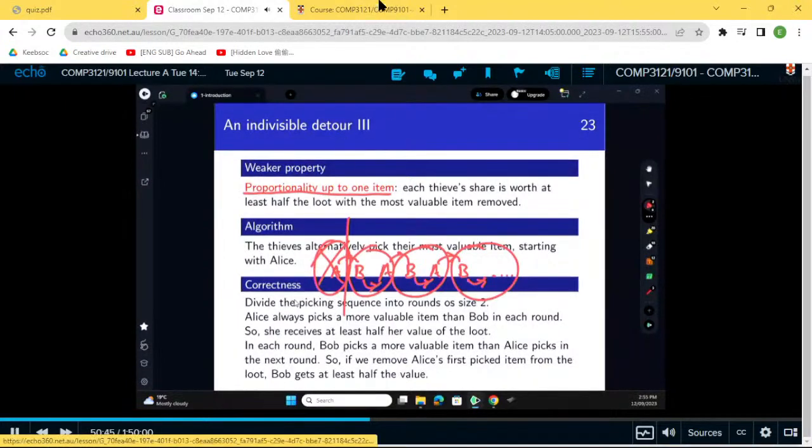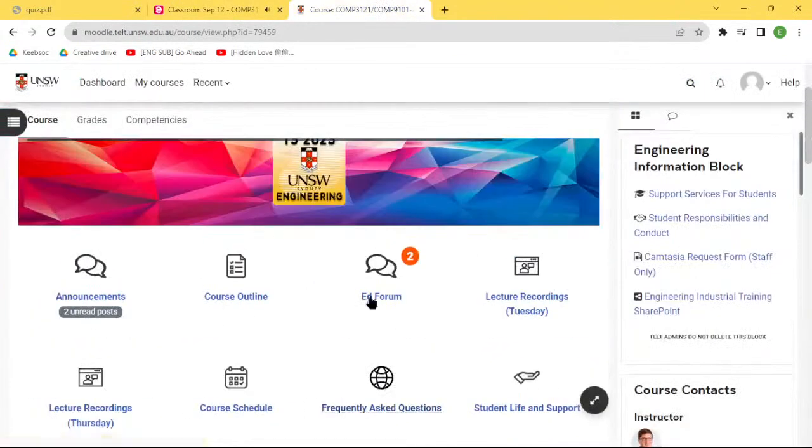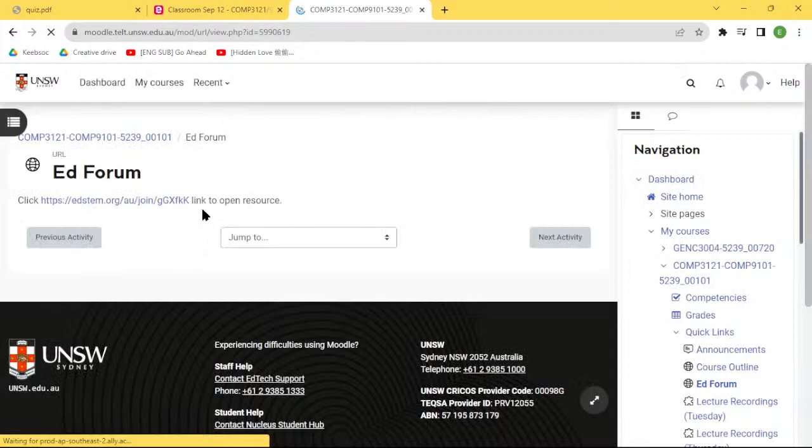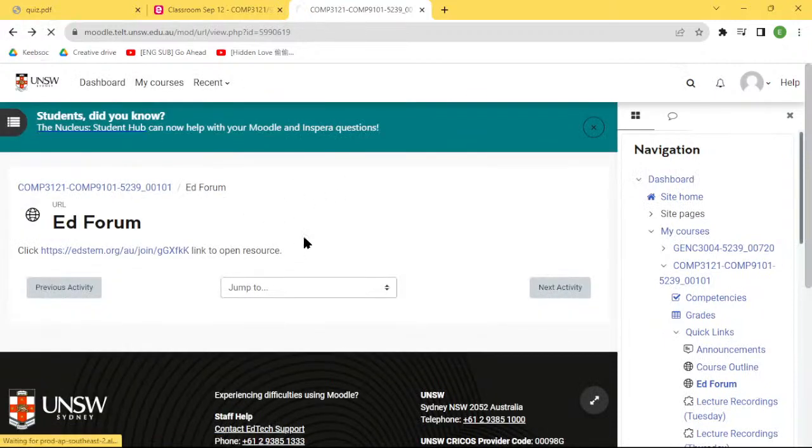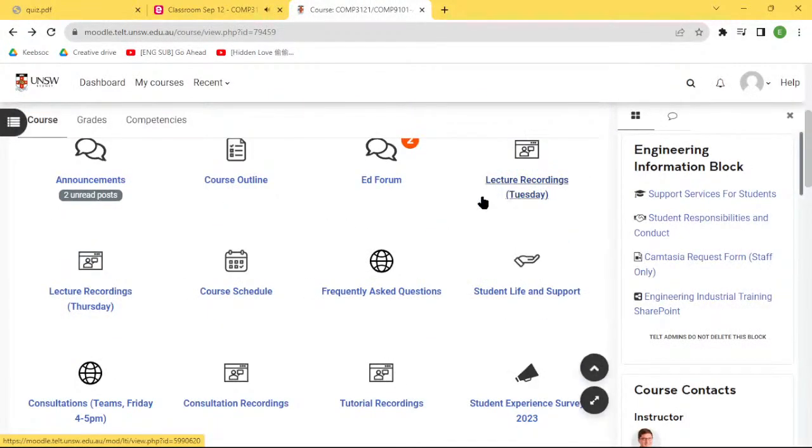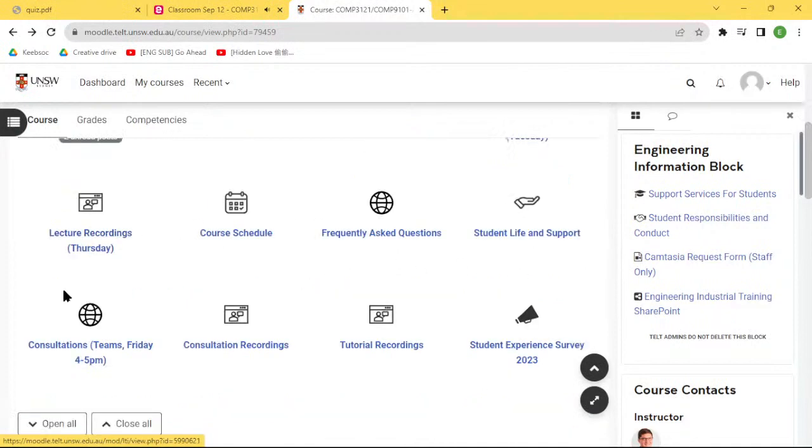Isn't this not correct? There's no way that's correct. What am I looking for?